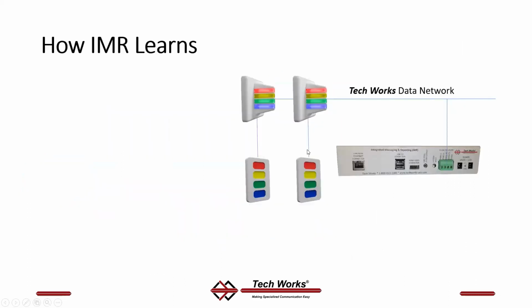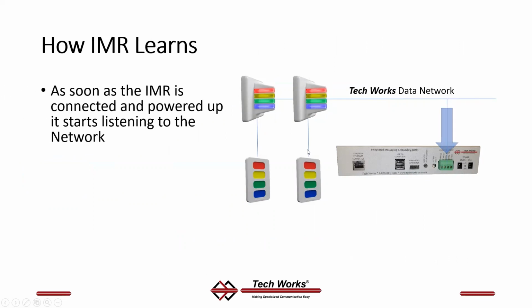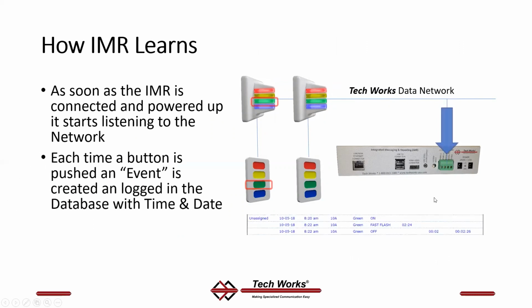So let's talk about how it learns. It's sitting here on the TechWorks network, listening to all the network messages. Every time there's a button pushed, a message goes down this network, and the IMR hears it and records it. Each one of those button pushes becomes an event with a start, a stop, and how long it was active in between. So if this button was pushed and it was fast flashing, it would be recorded as to when it started, how long it flashed, and when it went off.